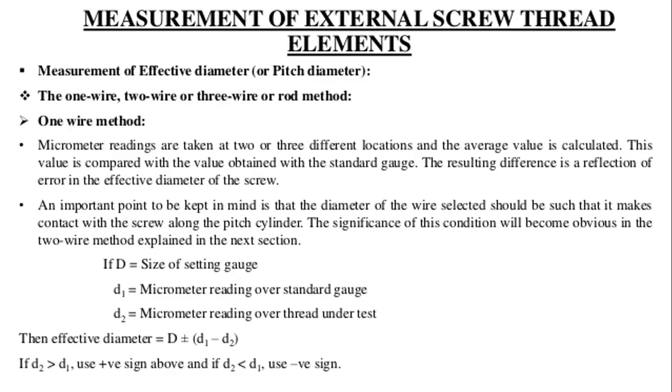Here, capital D is the size of the setting gauge and D1 is the micrometer reading over the standard gauge.